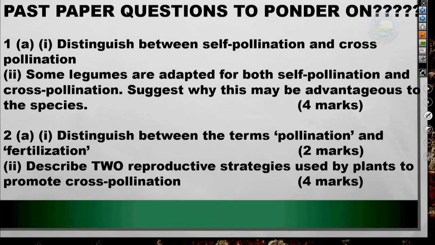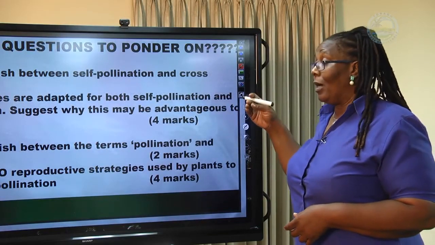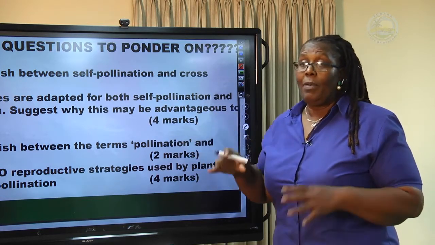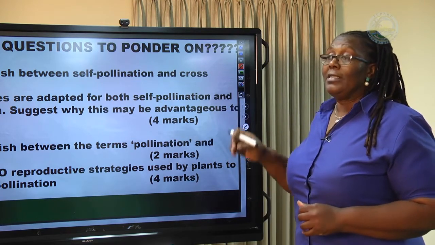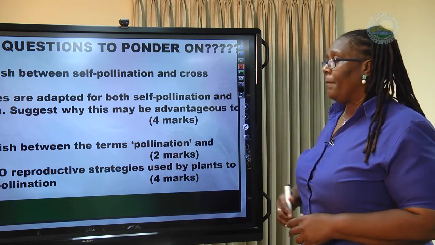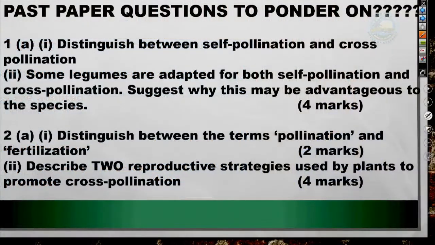As we said, pollination is simply the landing of the pollen grains on the stigma of a plant of the same species. It does not involve anything further than that.